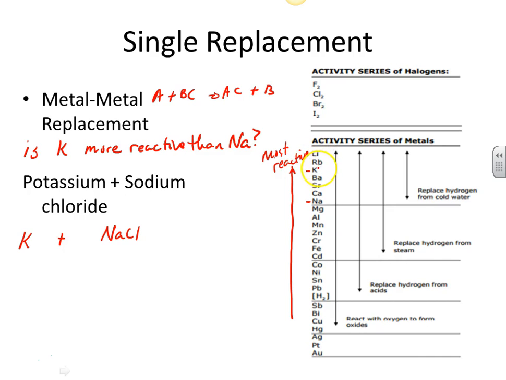So an element high in the series can replace any element lower in the series. Potassium then does have the ability to replace sodium. So potassium takes the place of sodium to yield potassium chloride, and then sodium is removed. Now, this reaction may not actually happen, but this is at least the pattern. We also want to check our balancing, and if you inspect this closely, you'll see that the reaction is completely balanced as written.